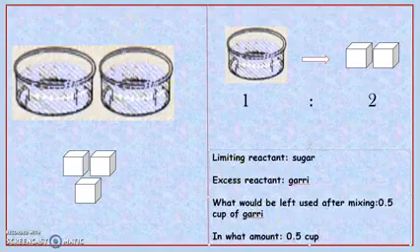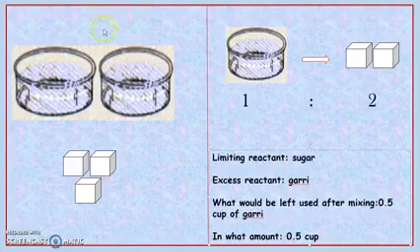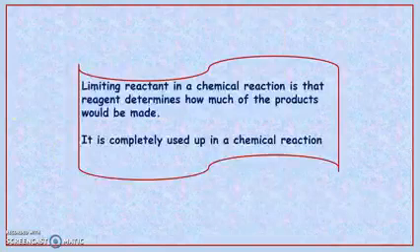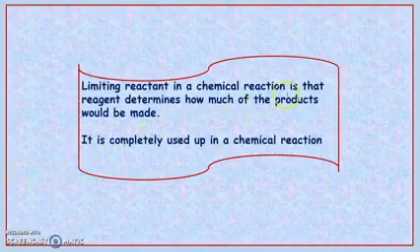I hope you understand. So in this situation, the substance that determines how much of the mixture of garri and sugar will be made is the cubes of sugar given to us. That is why we say that a limiting reactant in a chemical reaction is the reagent that determines how much of the product will be made.